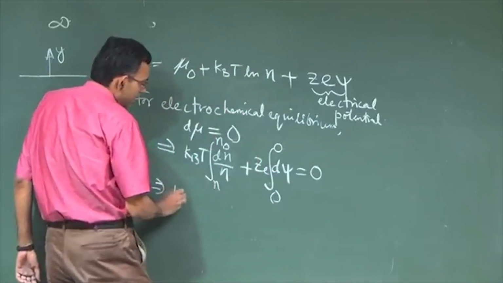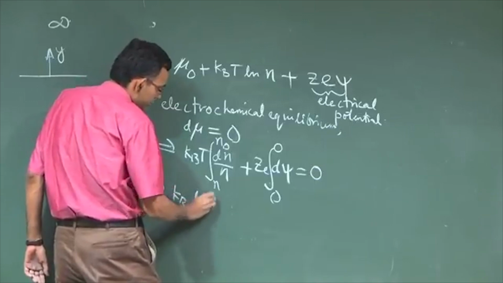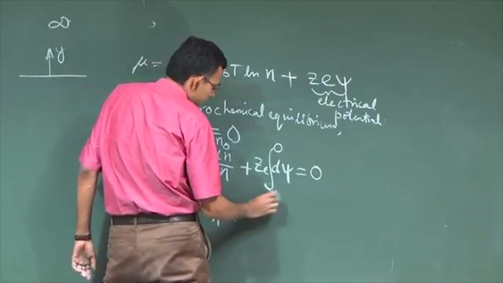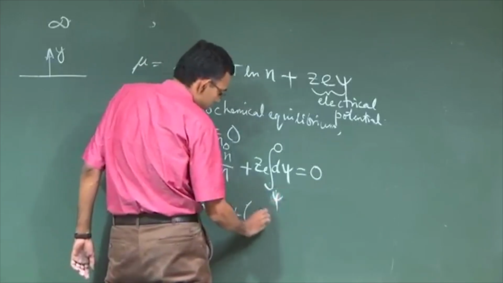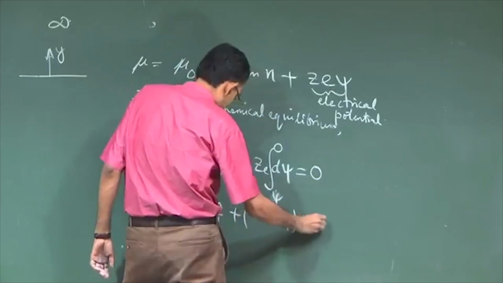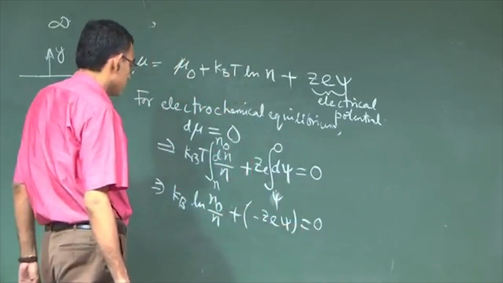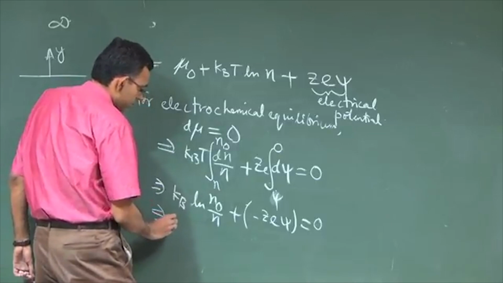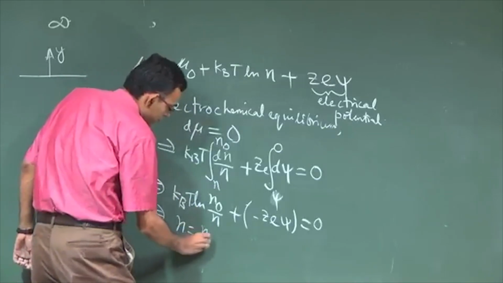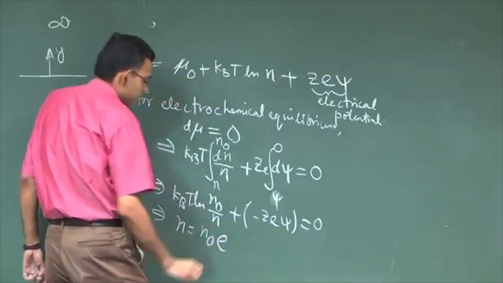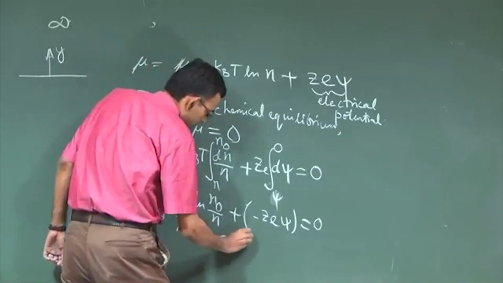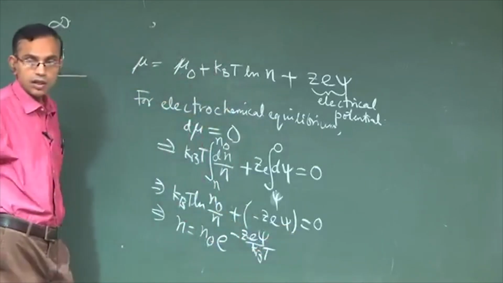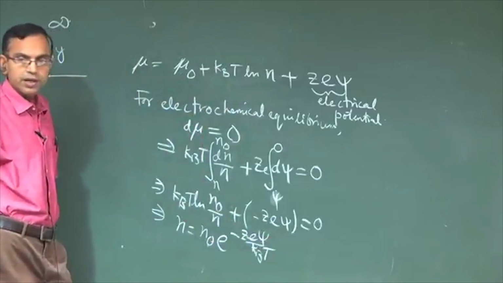So, you have KBT, okay. So, this is called as Boltzmann distribution.